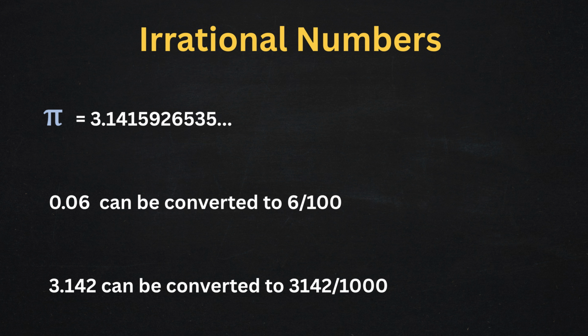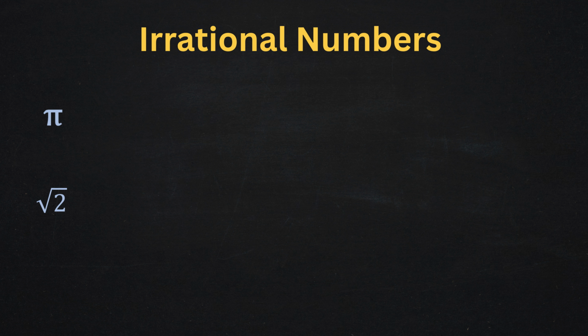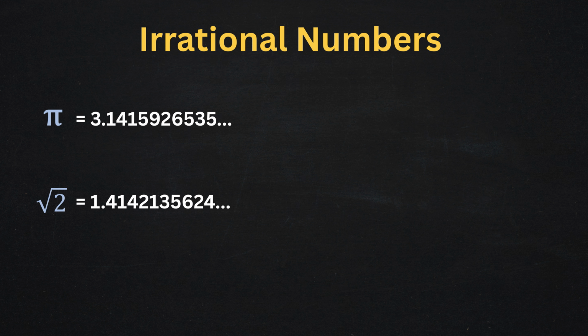In 3.142, again we knew that a total of 3 decimals were required in the denominator to convert it into fraction form. But in the case of pi and under root 2, the decimal places never end and we cannot put an exact number of zeros in the denominator to convert the decimal into fraction form. The inability to convert a number to fraction form is the main reason it is called an irrational number.